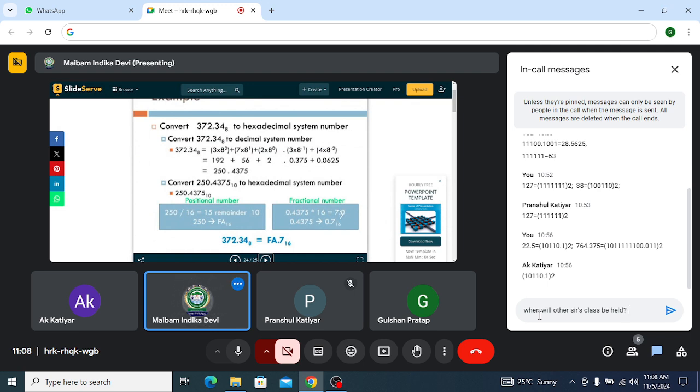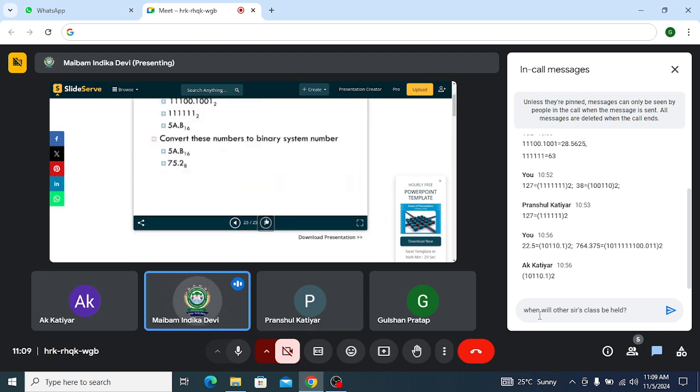Clear? So only 7 you get. The hexadecimal equivalent of 0.4375 is 0.7. The 0 point is for convention. You combine these two values. The non-fractional part is FA, the fractional part is 0.7. So this is the result from octal to hexadecimal. Clear? Yes, ma'am.